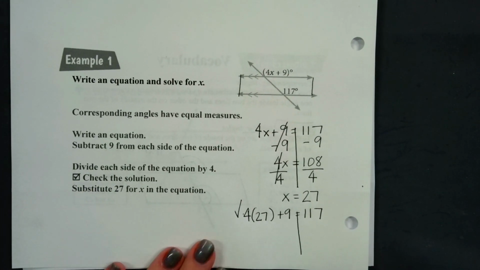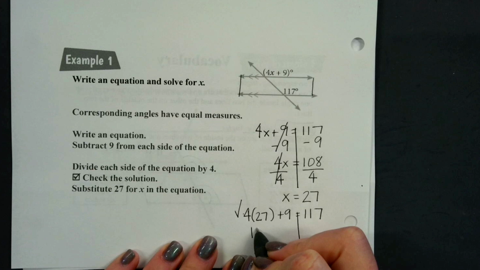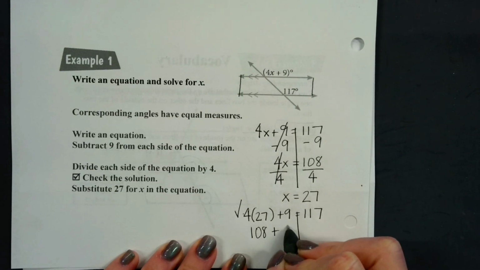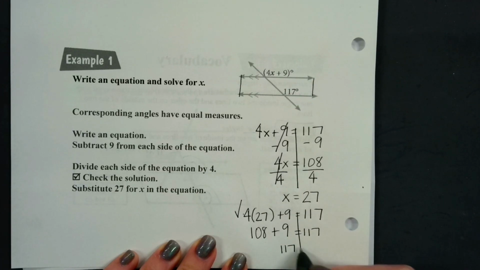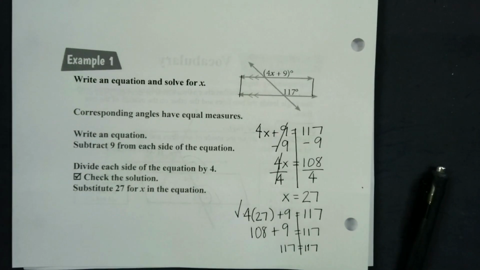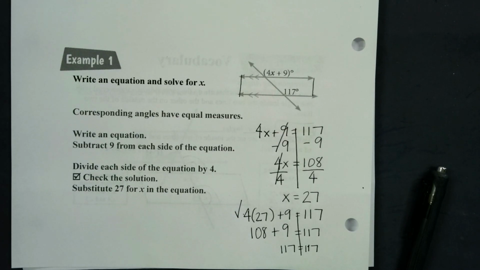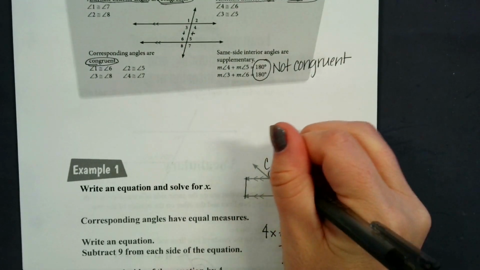Four times 27 is 108. Plus 9 gives me 117. This one here is corresponding.